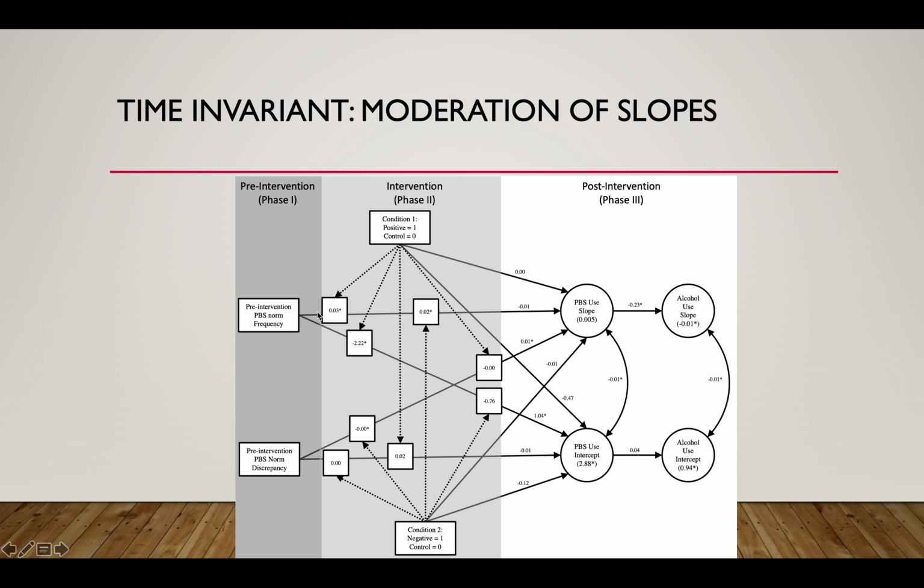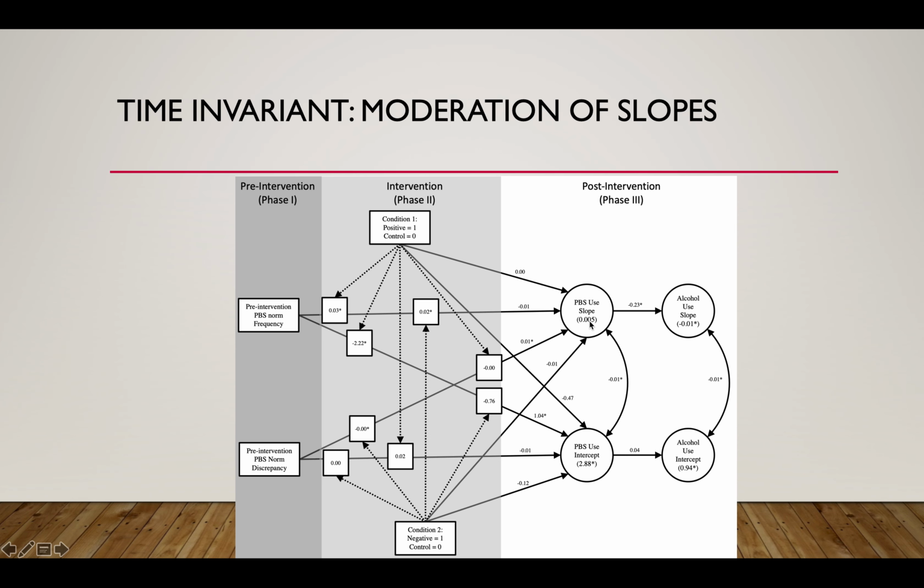So we did an intervention, and before the intervention, we assessed norm frequency and norm discrepancy, and then we used those to predict the slope of PBS use across time. And then we used that slope to predict the slope of alcohol use across time. What we found was that the pre-intervention PBS norms, like how much they think people are using PBS, predicted the change across time.